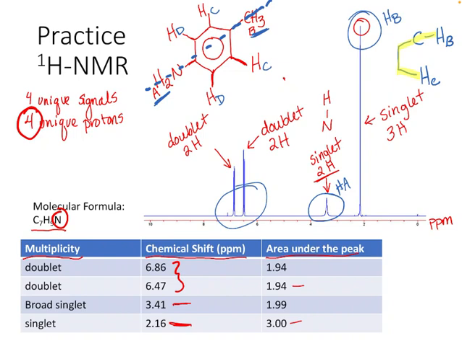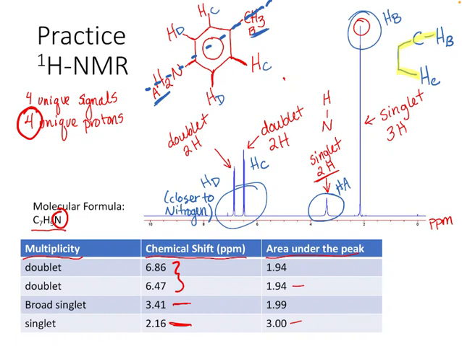So those would probably be more downfield than HC. Okay, so that structure makes a lot of sense for what we were given.